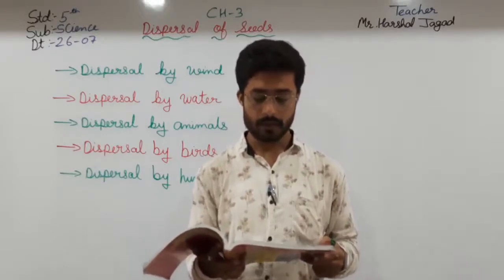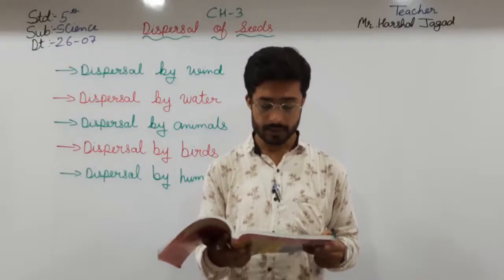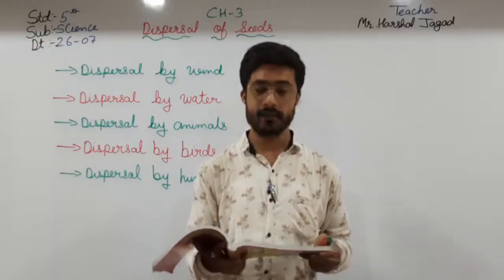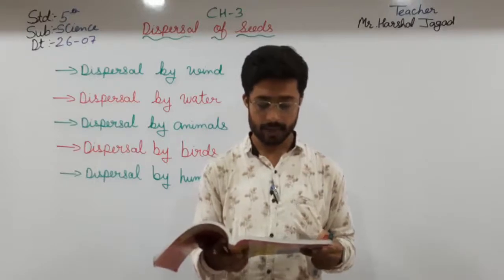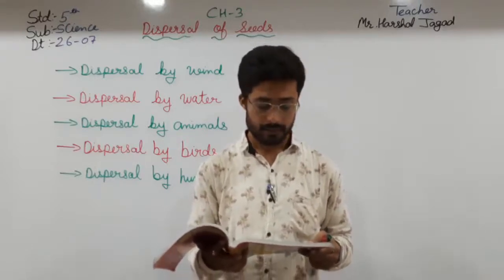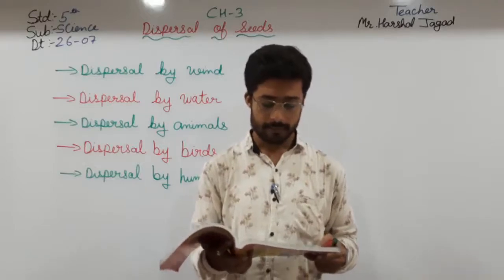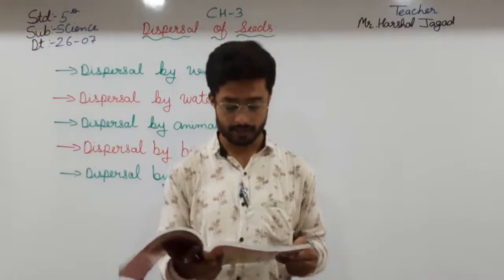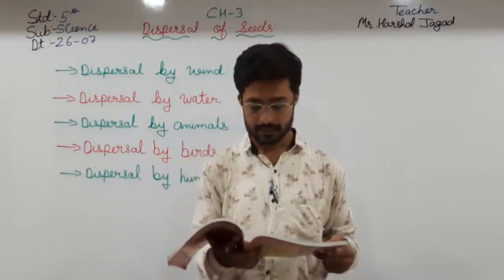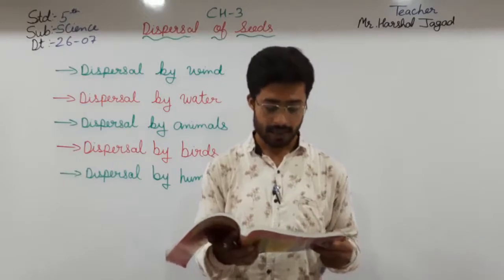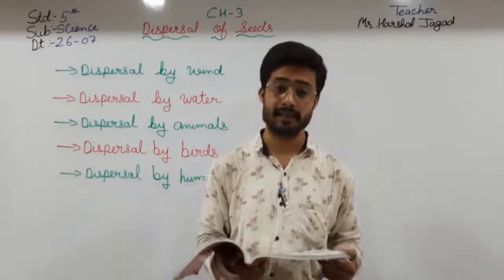When the pods or the fruit burst, the seeds are thrown out. They are carried away by the wind to places far away from the parent plant. You may have seen fluffy balls of silk cotton floating in the air. At some stage, the seeds drop to the ground and then germinate and grow. Seeds such as those of sycamore have wings that rotate in the air and can travel great distances.